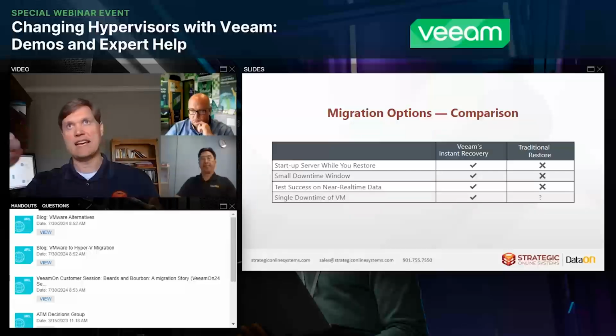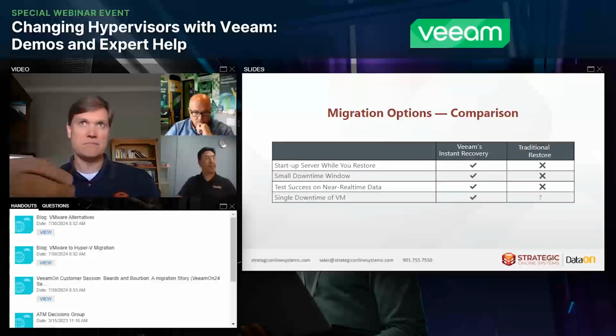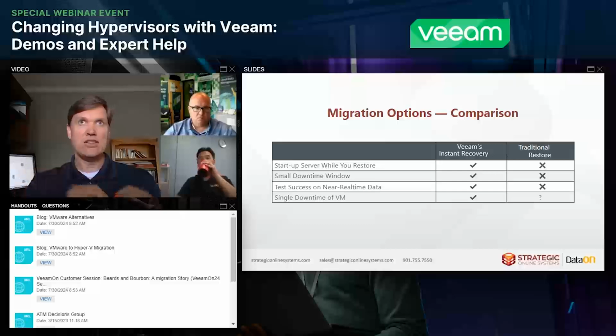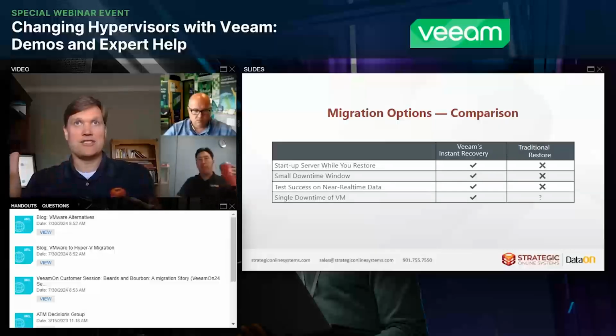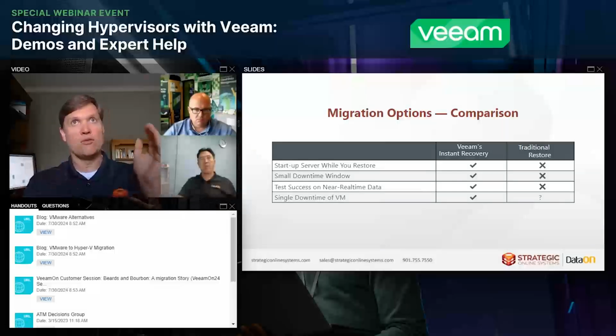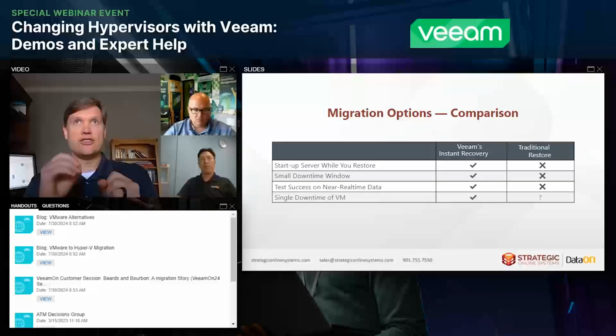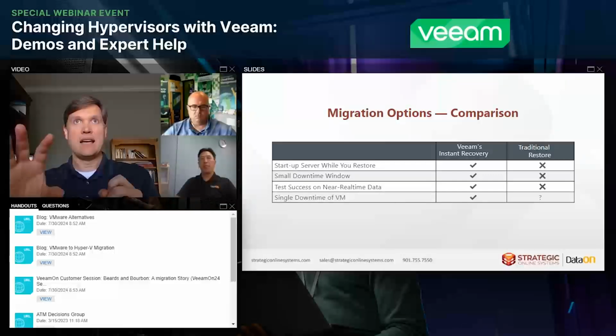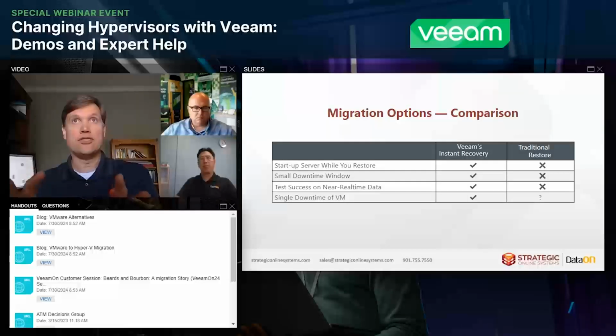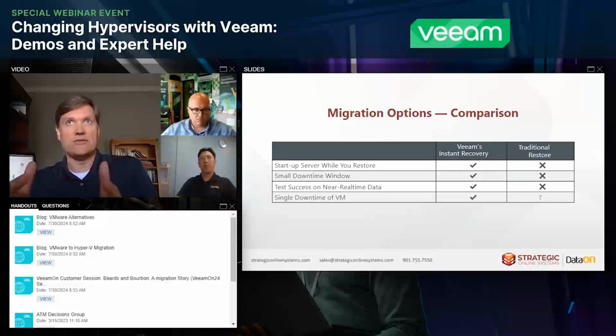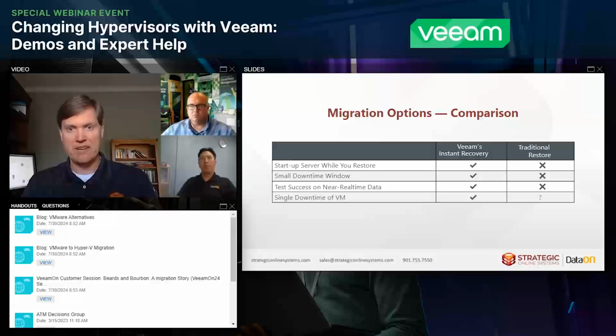You could put this agent on a VM or on a physical machine, make this backup, and all of a sudden you can do this magical restore on the fly to Hyper-V. So not only could you boot up that VM while you're doing that restore, it's also converted into Hyper-V using whatever storage you're using on Hyper-V.